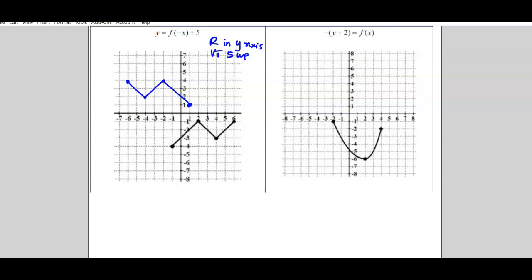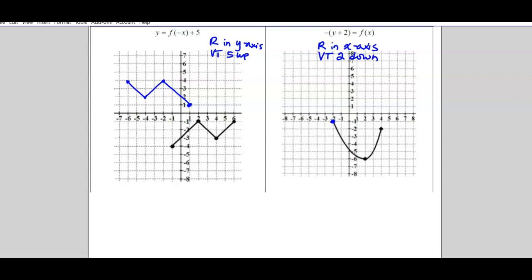Next one here, so there's brackets, which is good. So that's a reflection in the x-axis. It's changing the sign of y, and then a vertical translation down. Okay, so negative 1 for y becomes positive 1, and then 2 down. Stays there. Okay.